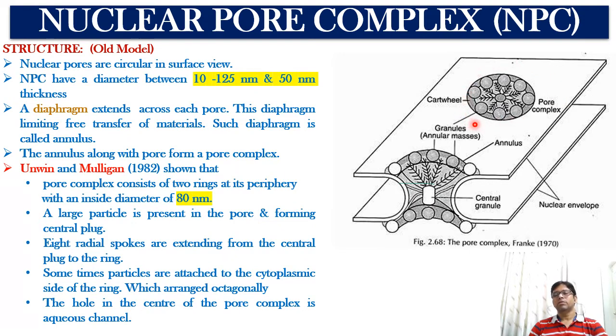A hole is present in the center of the pore, which acts as an aqueous channel through which water soluble substances shuttle between nucleus and cytoplasm. So this is the old model proposed by Unwin and Mulligan in the year 1982.